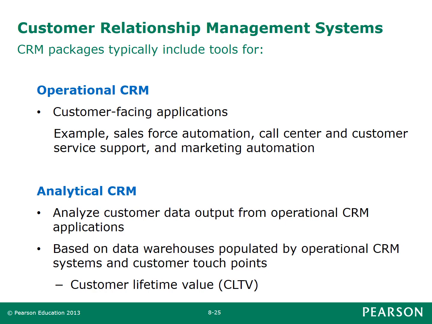Analytical CRM has the functionalities to analyze customer data produced by operational CRM. Customer data are stored in an extra database called a data warehouse for analyzing historical customer data.